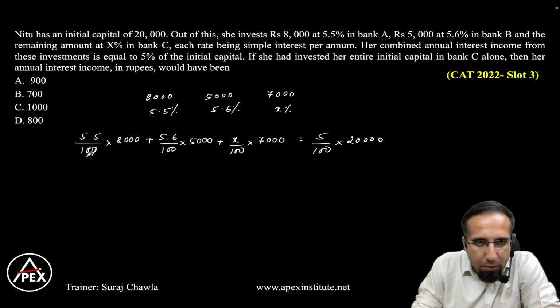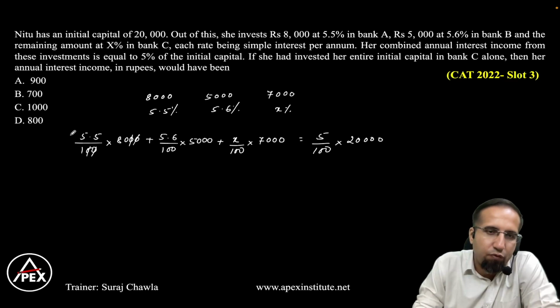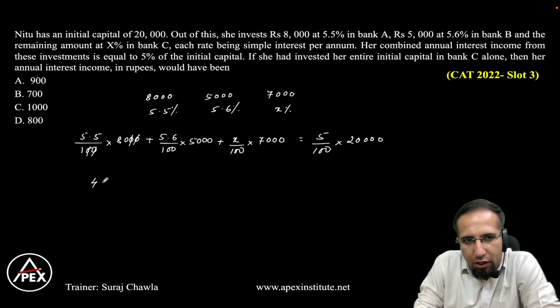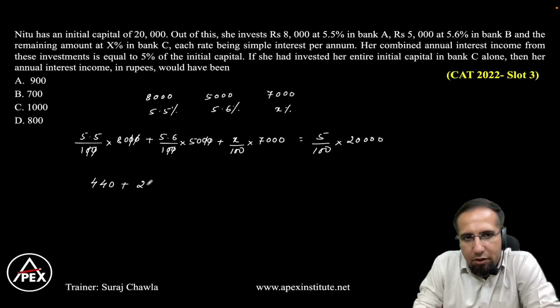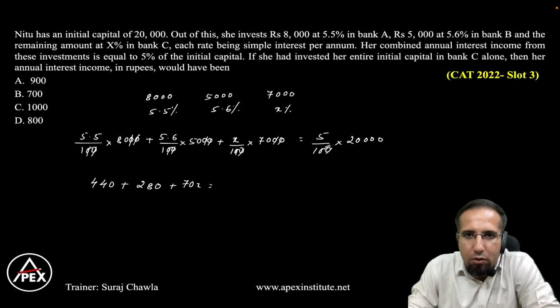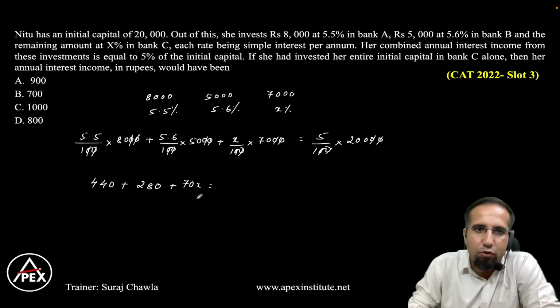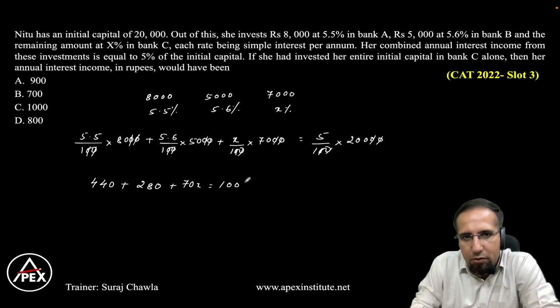So 00 gets cancelled. So 80 into 5.5 is 440, plus 00 and 00 gets cancelled. 5 into 50 is 250, plus 5 into 6 is 30. 250 plus 30 is going to be 280. Plus 70x is equal to, 00 gets cancelled, 5 into 200 is going to be 1000.